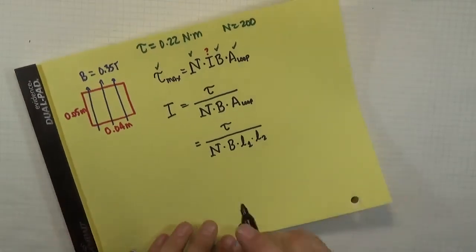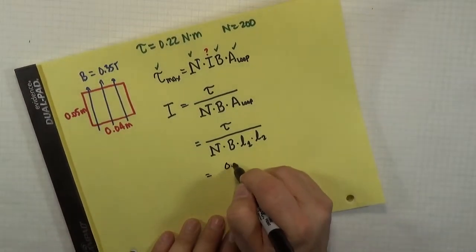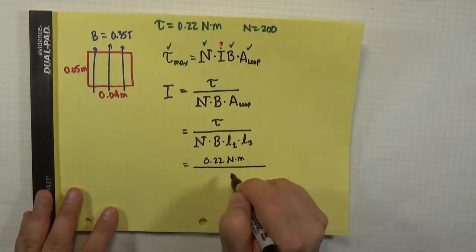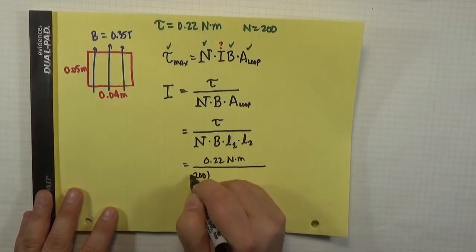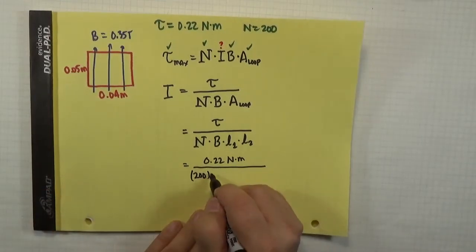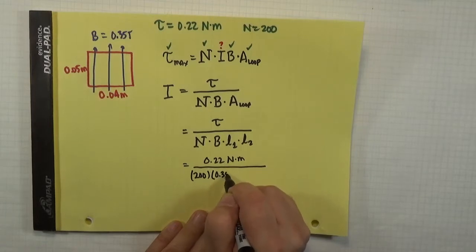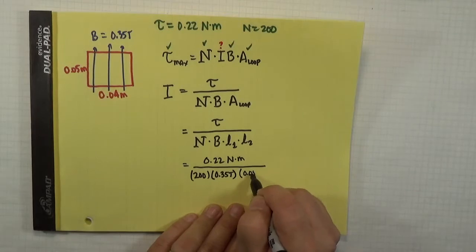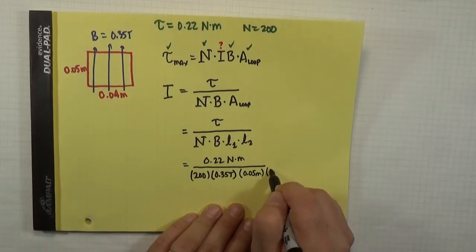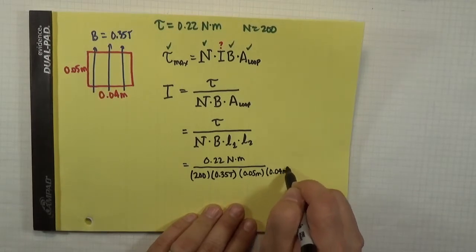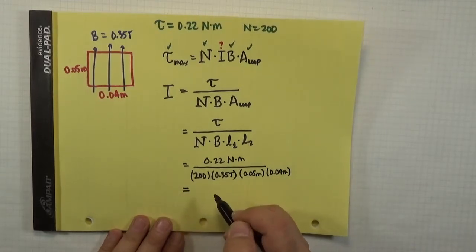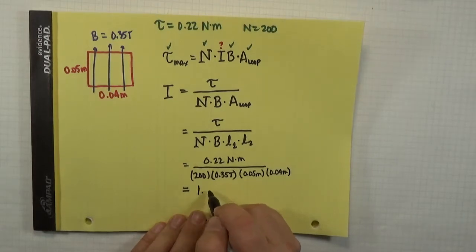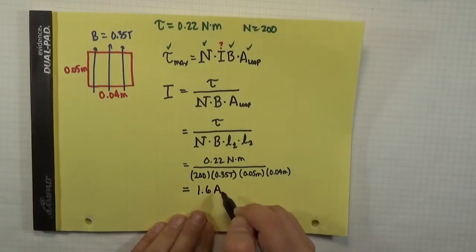So this is 0.22 Newton meters, it's 200 turns, and there are no units associated with this. The magnetic field is 0.35 teslas, and the side of length 1 is 0.05 meters. The side of length 2 is 0.04 meters. And if you put that all into your calculator, then you will come out with the current is 1.6 amps.